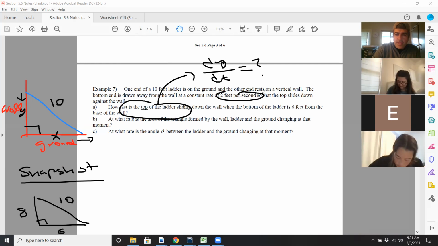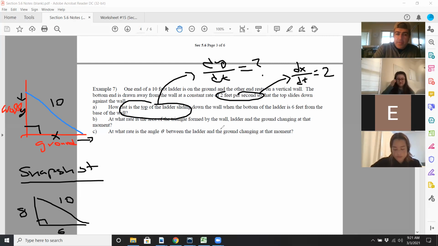Now 2 feet per second, what do you think that represents in terms of a derivative? Remember, look at x and how x changes with time. So it's dx dt, just so you know.